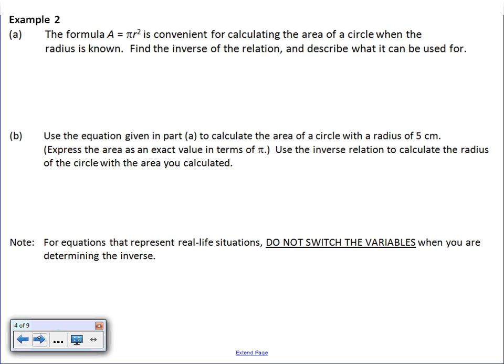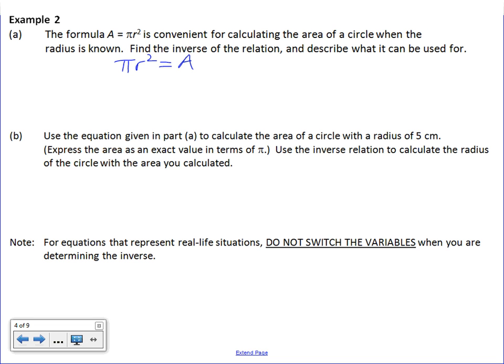Okay, so pi r squared, we want to isolate. I'd say start by writing it in the reverse order, pi r squared equals A, and now isolate your r. Remember doing that back in grade 9? Here's a formula. Isolate the variable. So isolate r.